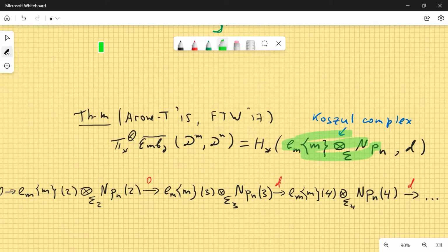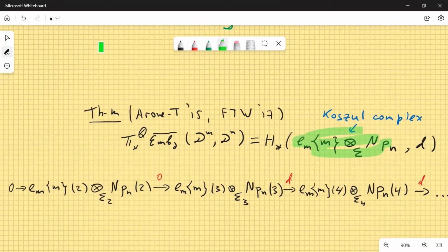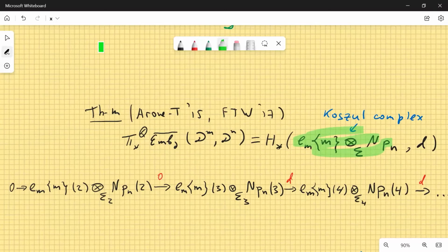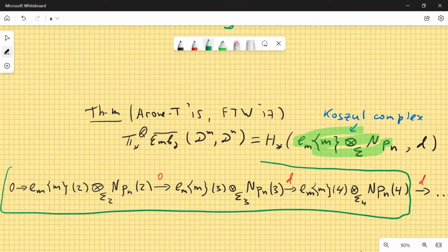And an advantage of this graph complex is that it can also compute the rational homotopy of the stages of the Goodwillie tower. So for example, if you want to compute the rational homotopy of T_4 D_N, we just need to truncate up to term 4, right, and take the differential 0 from the last term.